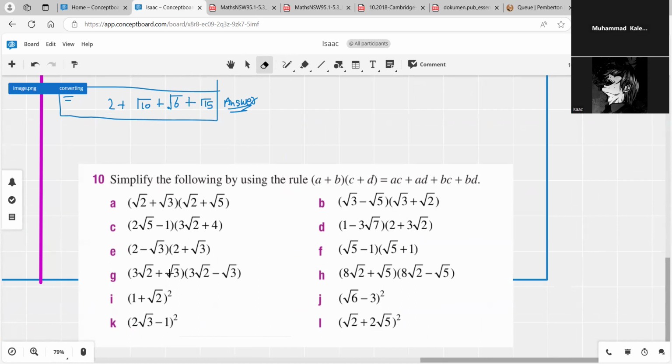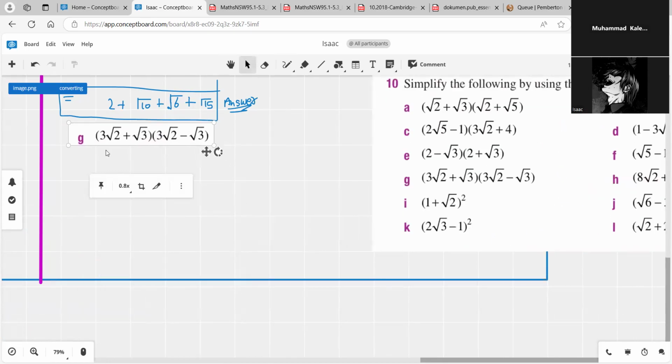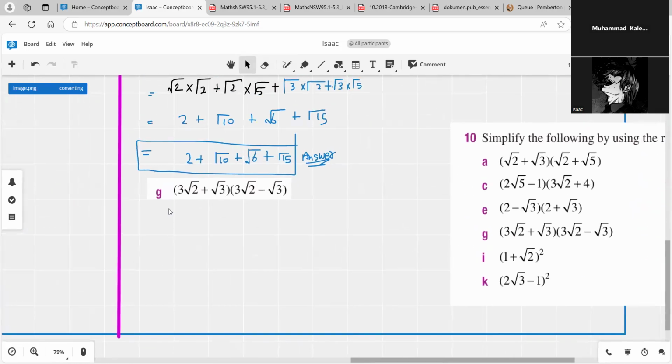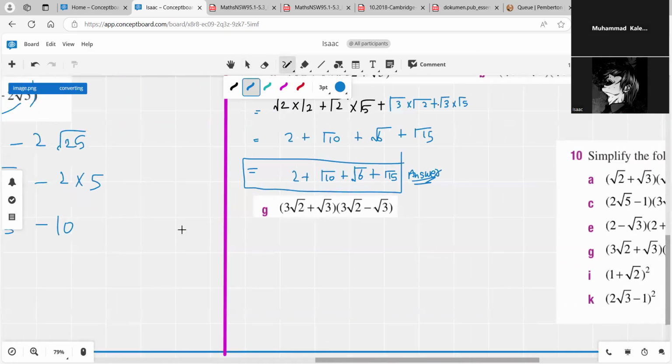You can try G, because in this one we can implement a different kind of formula, which is named a difference of square numbers. Are you familiar with the difference of square numbers? I'm pretty sure you are, but maybe you didn't hear this terminology before. The formula is a square minus b square.